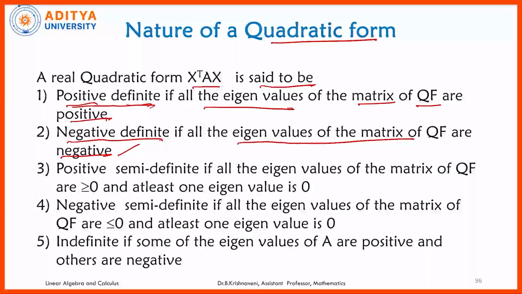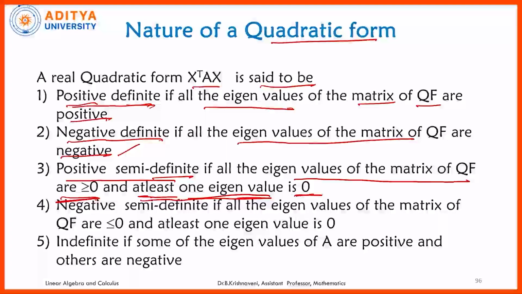And if all the eigenvalues of the matrix of the quadratic form are negative, then we say that it is negative definite. Now come to the next one: we say that it is positive semi-definite when all the eigenvalues of the quadratic form are greater than or equal to 0, and at least one eigenvalue is equal to 0. So there is one more condition to satisfy to say that the quadratic form is positive semi-definite. All the eigenvalues must be non-negative, and in addition, at least one eigenvalue must be equal to 0.